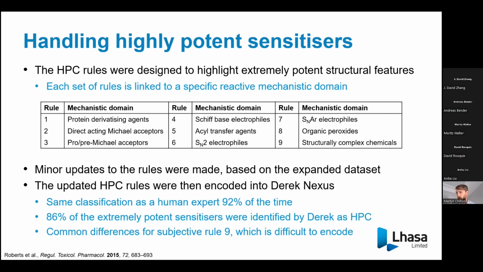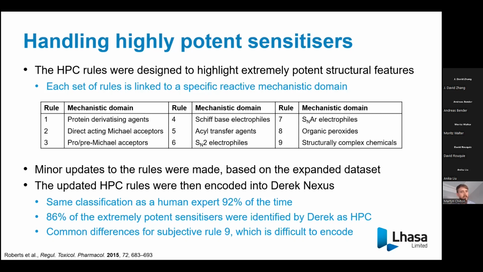We were able to do that in a way where we tried to be as faithful as possible to how a human would look at those chemical structures, and it agreed with a human expert 92% of the time, and was able to pick out the majority of those experimentally potent sensitizers. The one caveat I should mention is around rule number 9. In the little table here, rule 9 is to cover structurally complex chemicals.